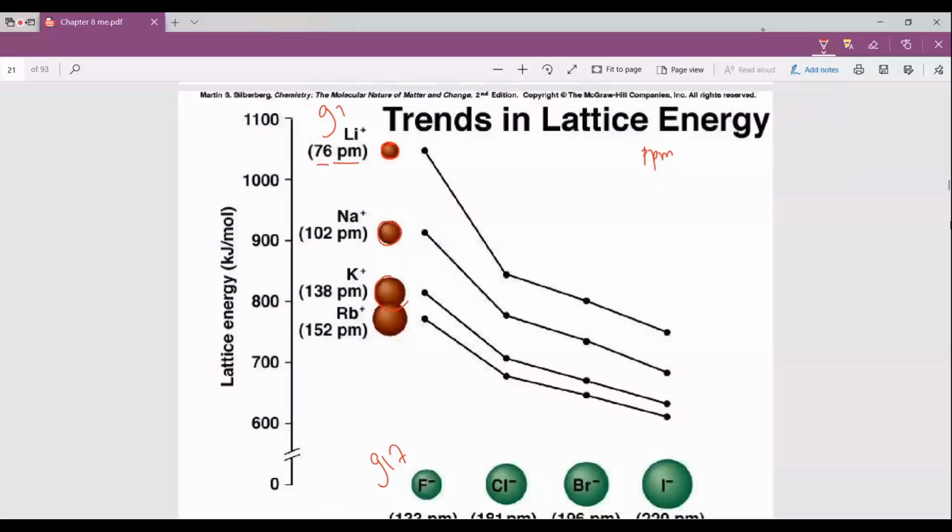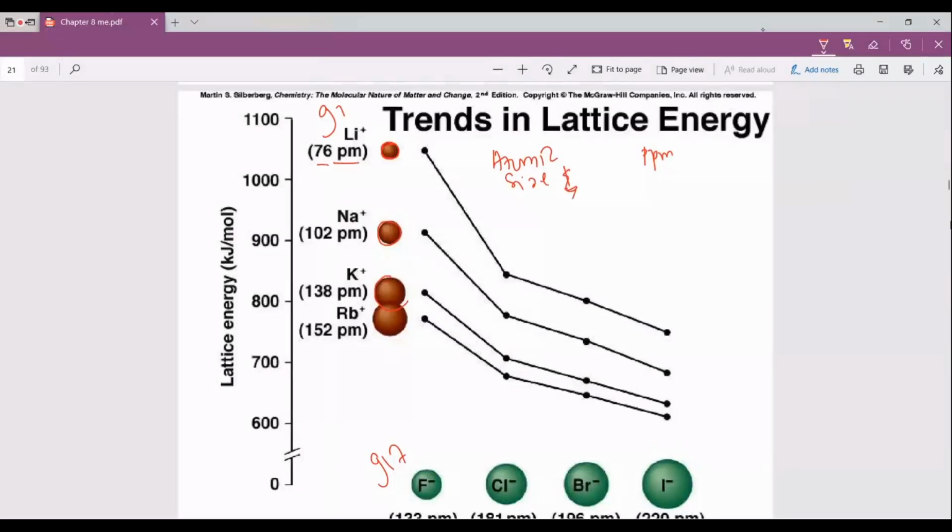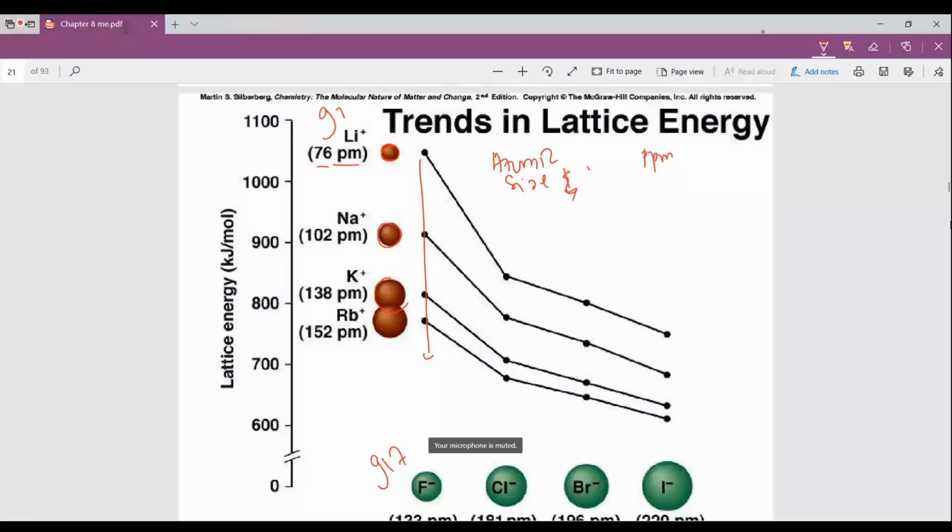Atomic size increases down the group, from top to bottom. And then lattice energy decreases.